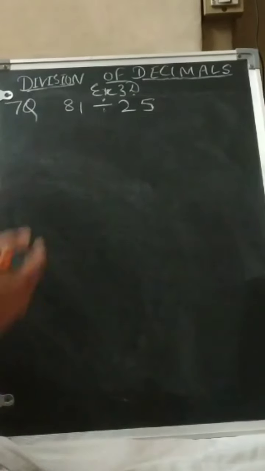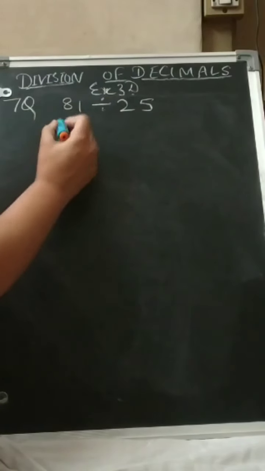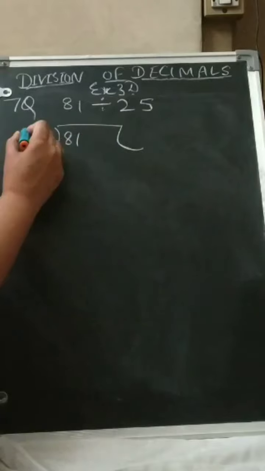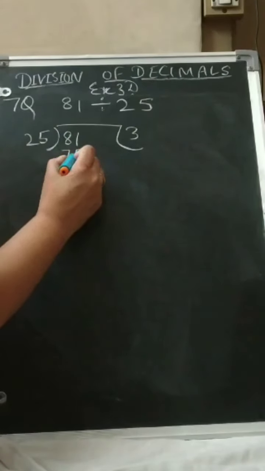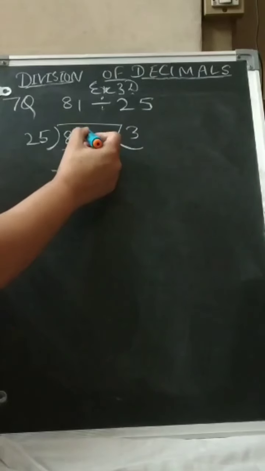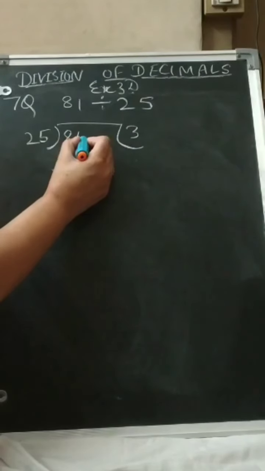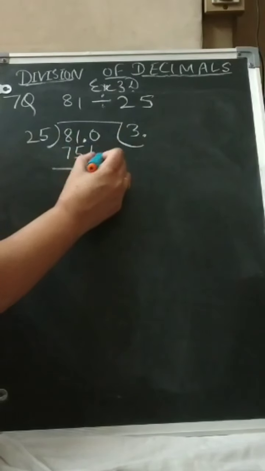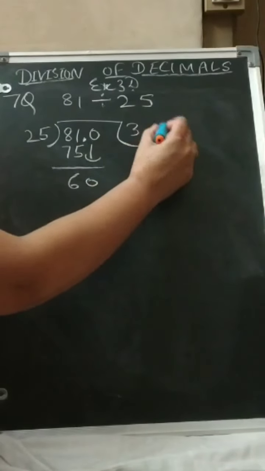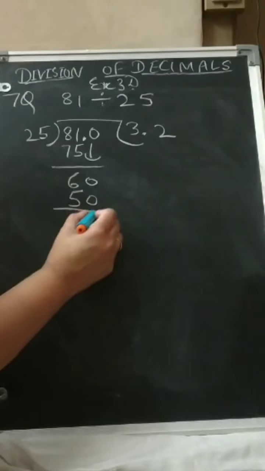Seventh question, write the following as a decimal. Again this is the same kind of question, 81 divided by 25. So it will go with the 3. What is left? 6. Now there is no number, so you can put a point here, and here also you can put the point. Now you can take zeros down. So it will go with the 2. Now one more 0 if we want, we can take, and it will go with the 4.